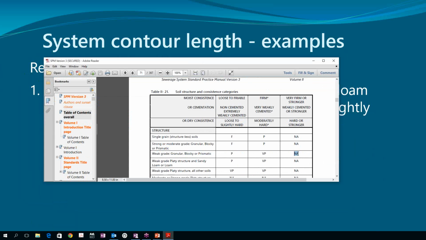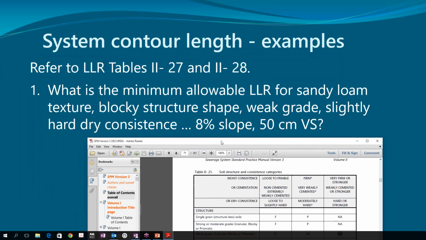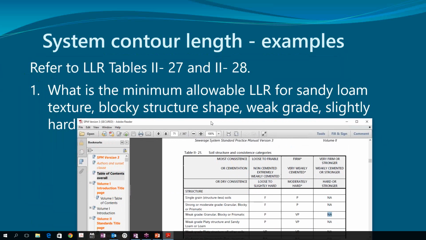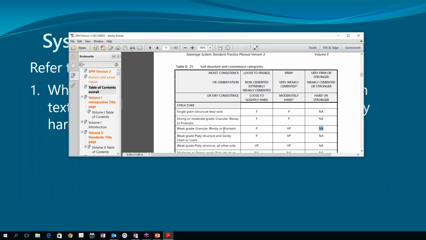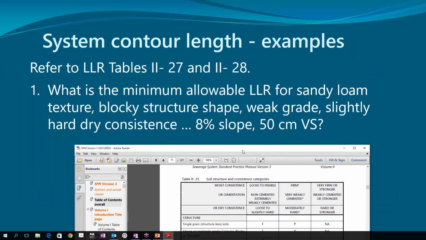Can I screw that up? Let me think about this now. That wasn't what I intended. Oh, I'm sorry. It says weak grade, slightly hard consistence. Well, that makes me feel better. So weak grade, slightly hard consistence, it's poor. So our category is poor structure and consistence.